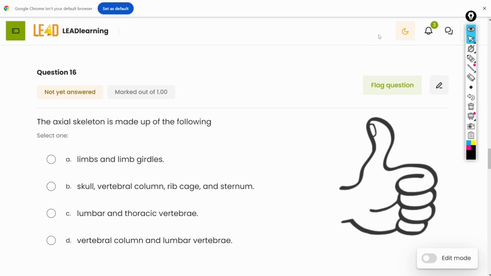Question 16. The axial skeleton is made up of the following. Now, the limbs and the limb girdles form the appendicular skeleton. That is appendages. The axial skeleton is also called the central column of bones.